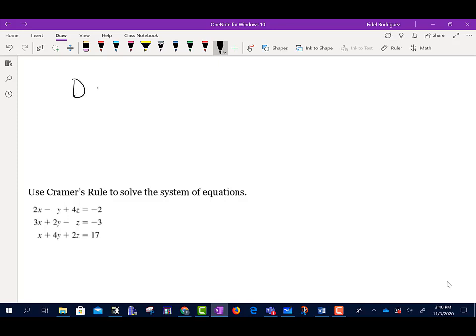So the way we're going to find the D matrix. The D matrix is going to look like this.